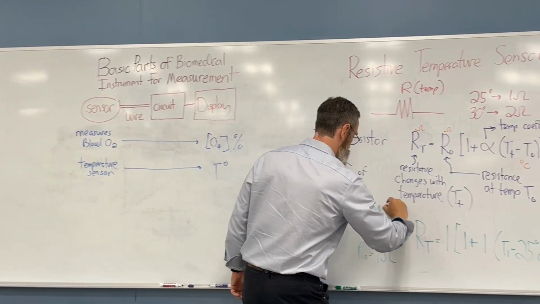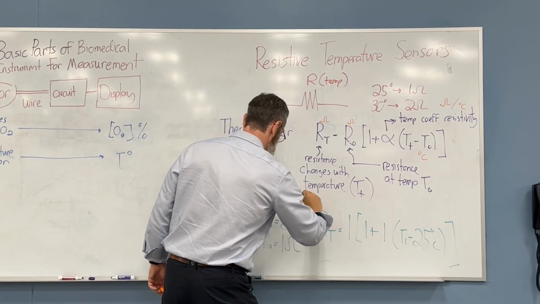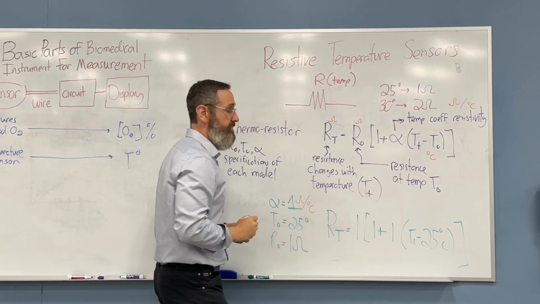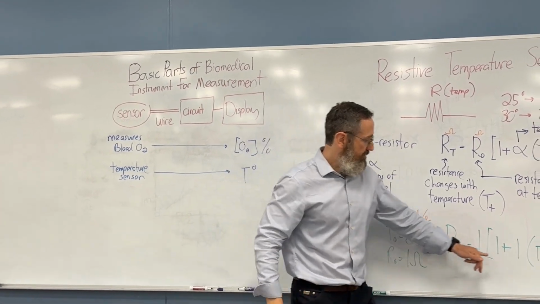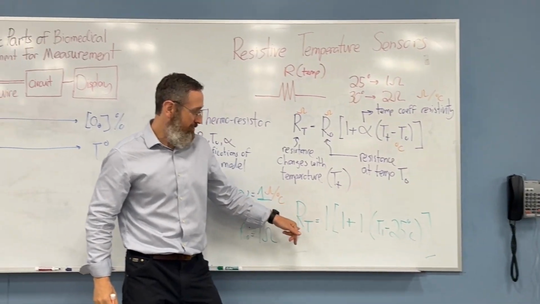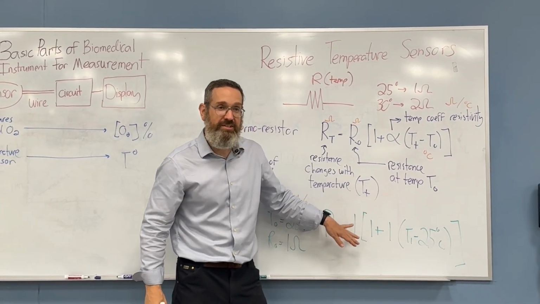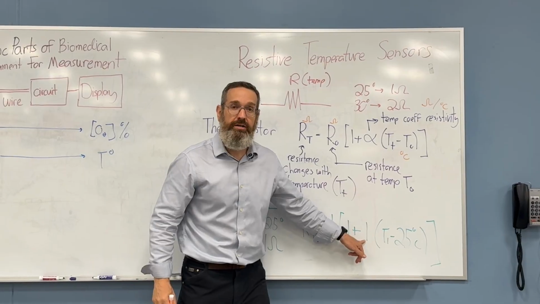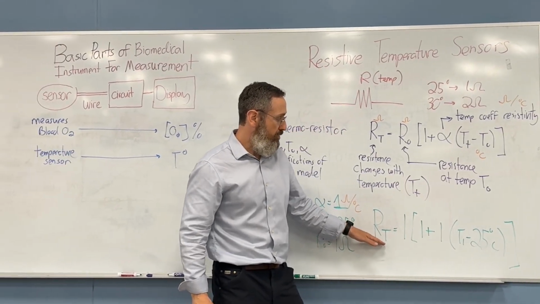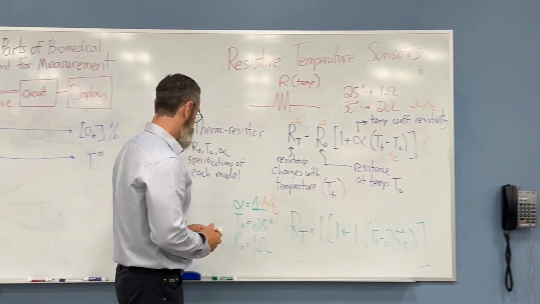So to be clear, this was 1 ohm per degree C for the units to work out. And so now we have here a pretty simple equation. You can go ahead, if you want, you can simplify it, obviously. You can just wipe out this 1 and wipe out this 1. And you have a clear relationship between R sub T and temperature.